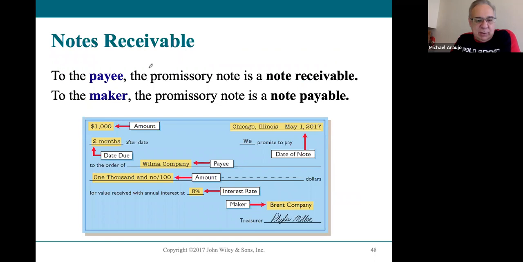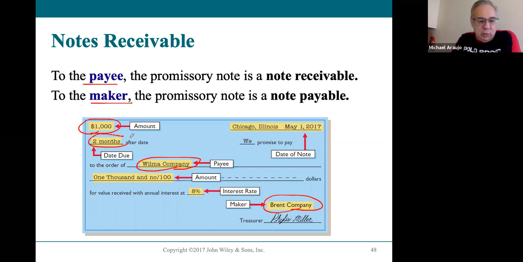How a note receivable looks is basically there's a payee, which is the folks who are going to get paid, and then there's the maker, who are the folks who are going to pay. So Brent Company is going to be paying Wilma a note. $1,000 is the loan for 2 months from the date.